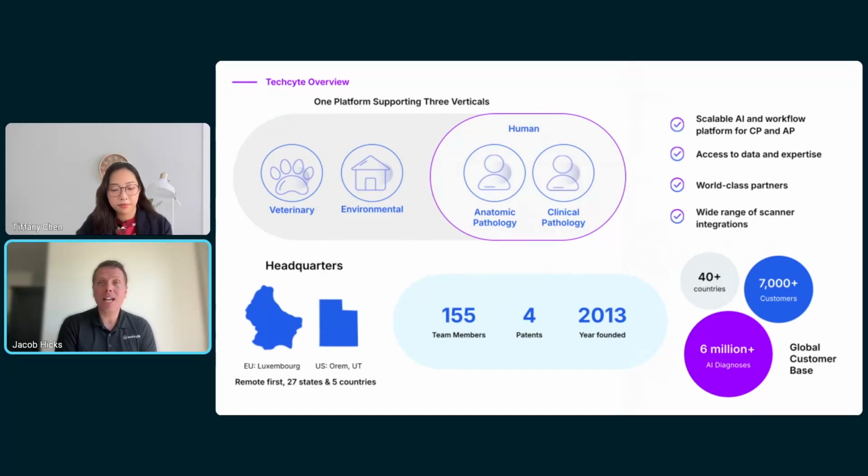We have team members all over the world in over 20 US states and multiple countries. And our platform has been the means to providing diagnostic information and helping to make clinical decisions for over 6 million patients. We have deployed our SaaS platform in over 7,000 locations globally in many, many countries.